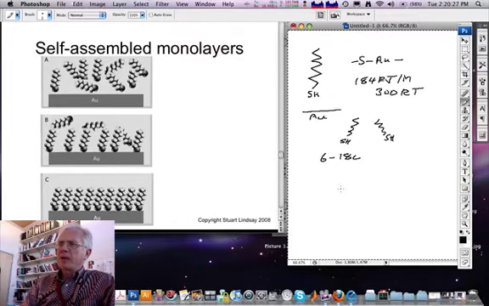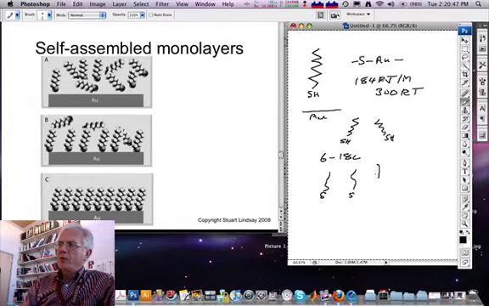This is put in contact with the gold, and the first step is that the molecules come down onto the gold, lose that hydrogen, and associate with the gold in some disordered form. However, over time, the molecules move on the surface, and we'll discuss just how this might be.